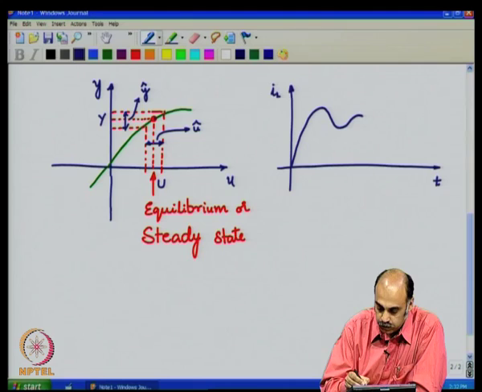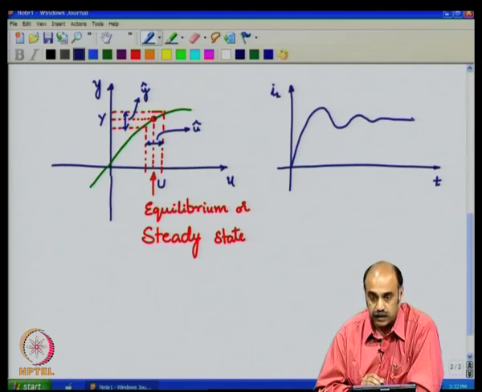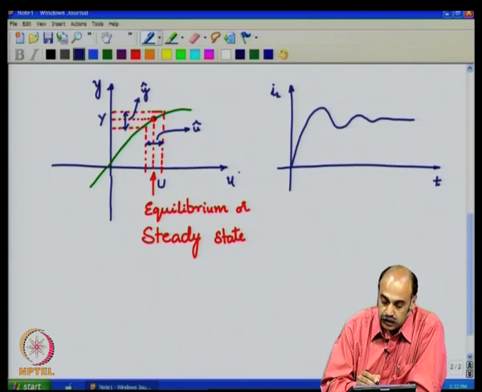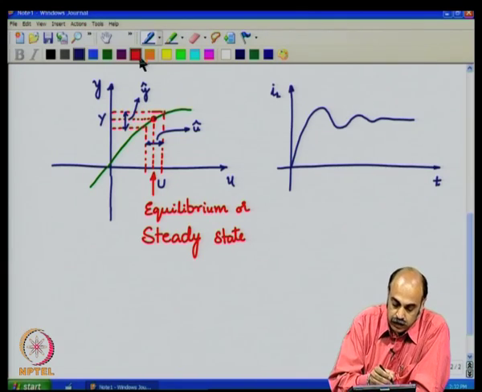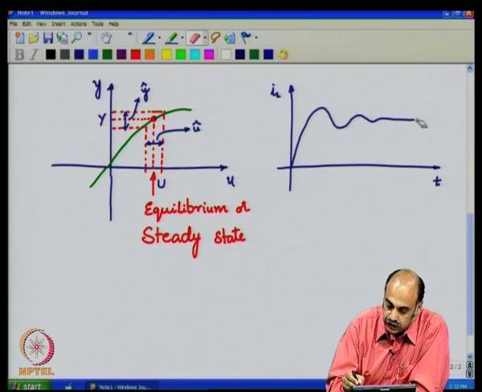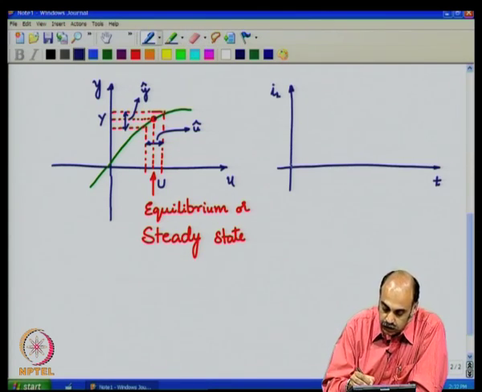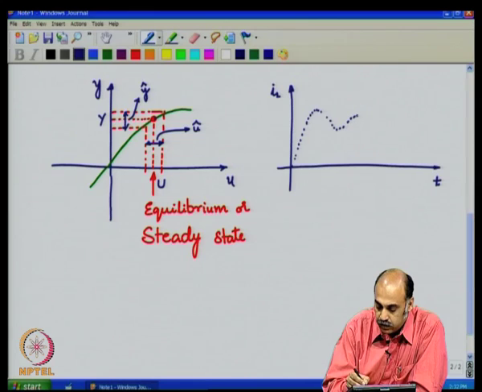Let us say it goes through the transient and comes into the steady state like this. When you zoom into the waveform, it would appear slightly different because you are looking at the switching. So, let me put the dotted line to indicate an average effect.